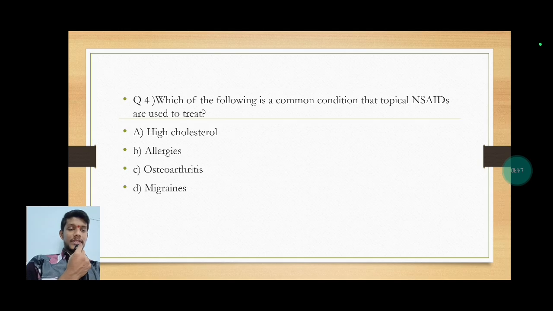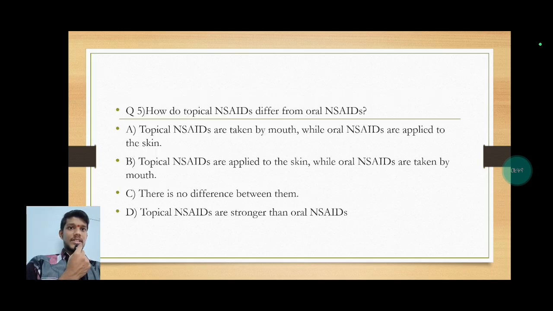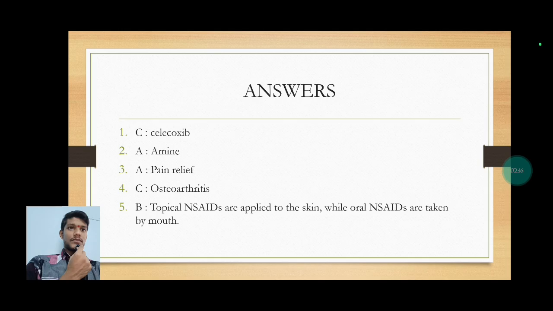C, osteoarthritis. Next question. How do topical NSAIDs differ from oral NSAIDs? Option A, topical NSAIDs are taken by mouth, while oral NSAIDs are applied to the skin. No, it's wrong. B, topical NSAIDs are applied to skin, while oral NSAIDs are taken by mouth. Yes, this is true. Option B. These are the answers of the MCQ.